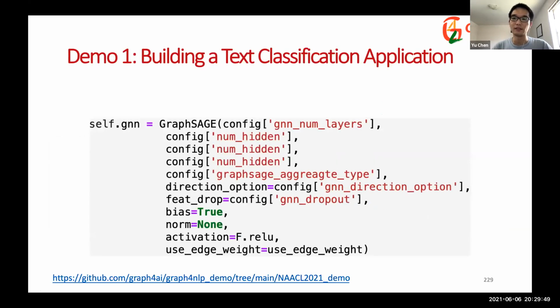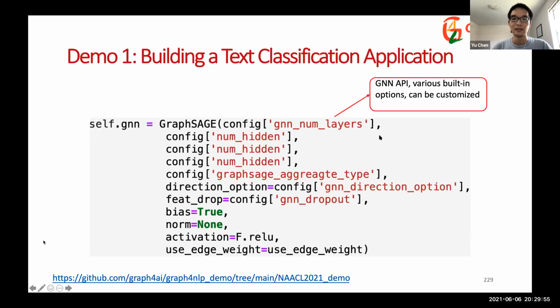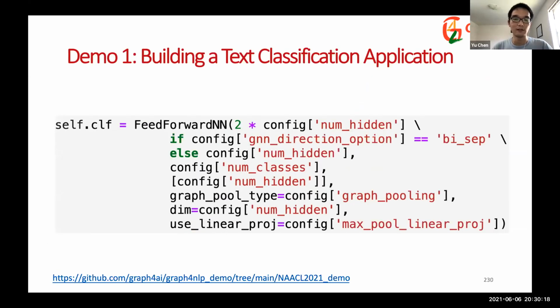For the graph representation learning part, again we provide various GNN variants, and you can specify whether you want to turn on the bidirectional GNN option by specifying the specific parameter for this GNN API call. Again, this can be customized. As for the classifier component, here we directly call a built-in API provided by this library.